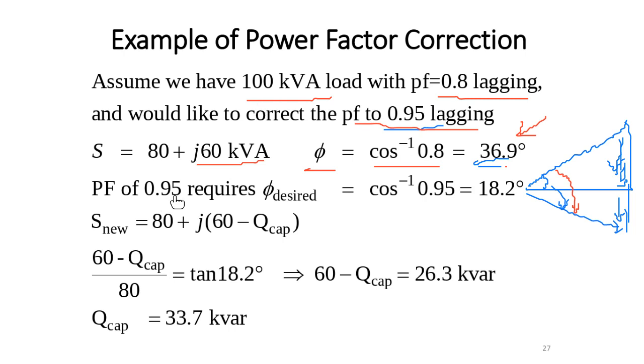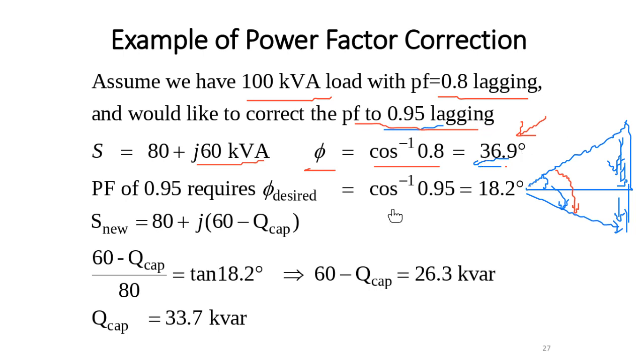All right, so we want to play with this one. What is this actually? This is the power factor, angle 36.9 degrees, with 0.8 lagging. Now we want to improve it to 0.95. To improve it to 0.95, we want to reduce this angle. To how much?